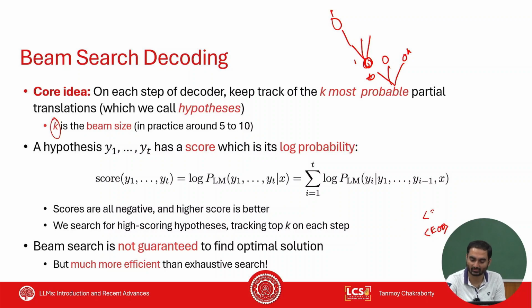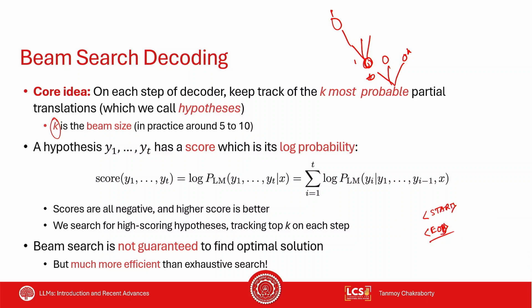There are two special tokens, start and EOD, end of decoding, a full stop basically. So this is one way of stopping the decoding phase. There are other ways also.